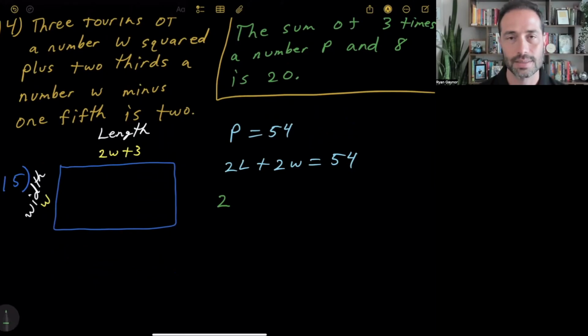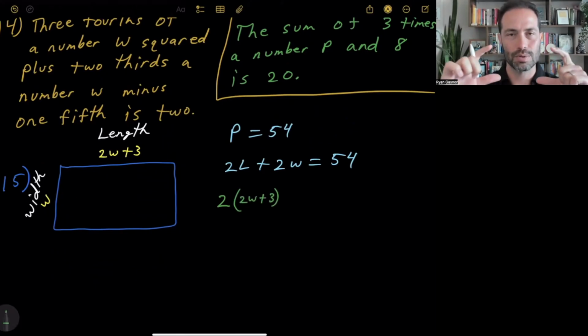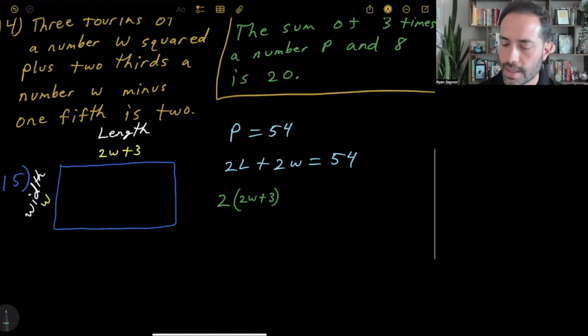Well, the length is 2W plus 3, and I have 2 of those. So 2 times the length, which is 2W plus 3, in parentheses. And then plus 2 times W. Now the width is just W, so I can just write 2W equals 54.